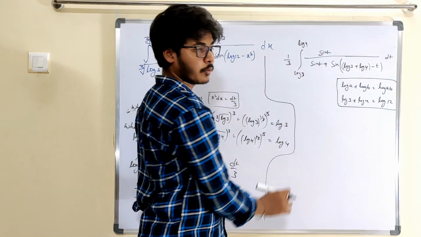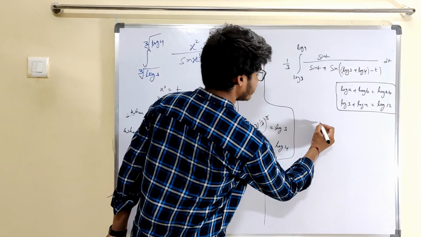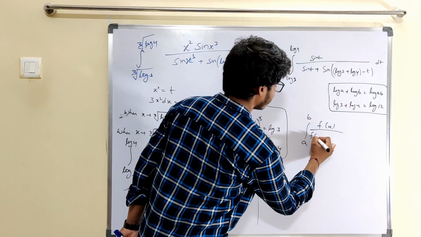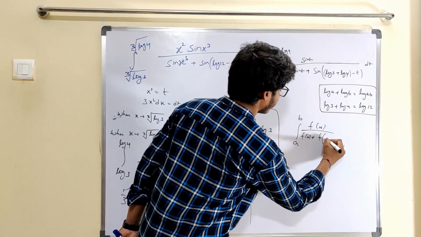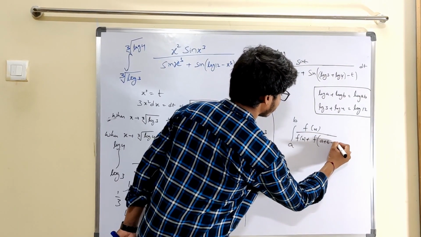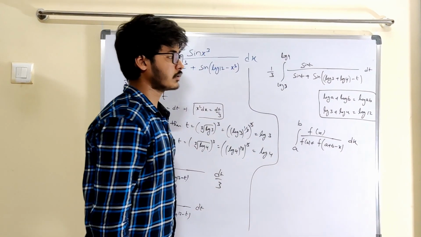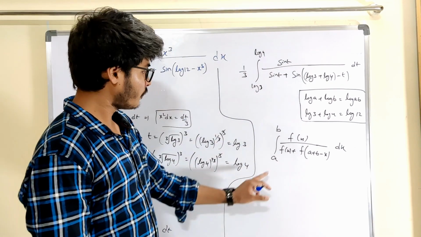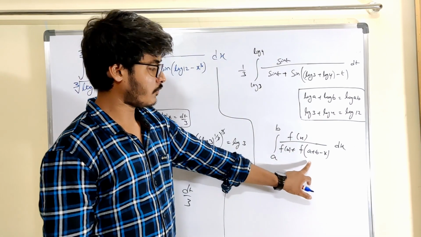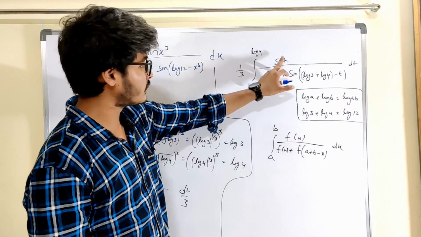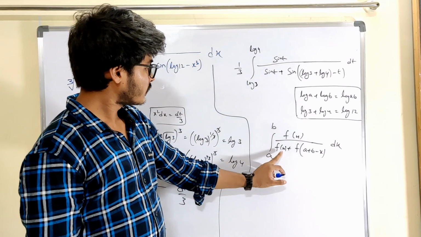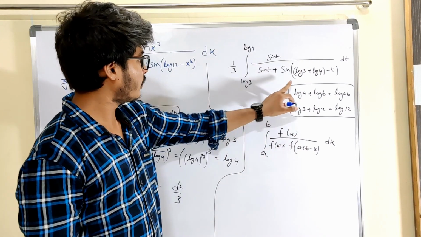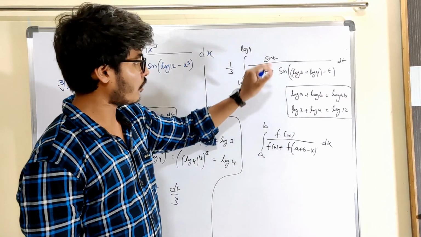Here the above equation is in the form of integral over a to b of f of x by f of x plus f of (a plus b minus x) dx. Here f of x is sin t, so sin t by sin t plus sin of (a plus b minus t) dt, where a is log 3 and b is log 4.